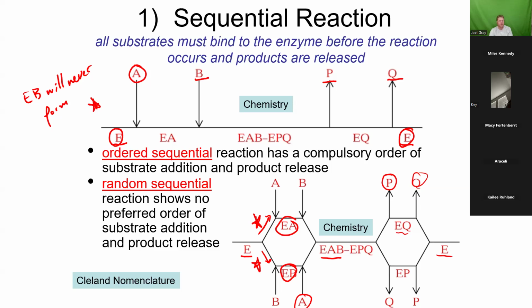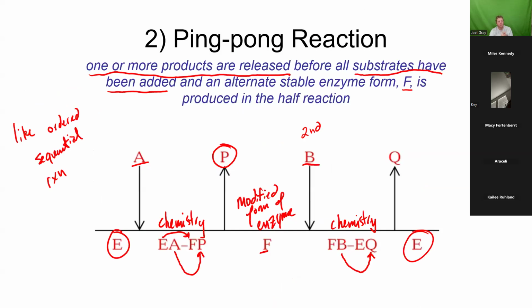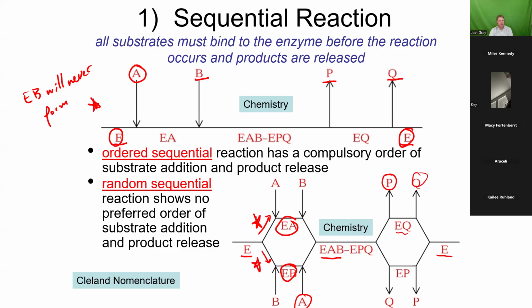Okay. Next up, one thing that distinguishes a sequential reaction from a ping pong reaction is that in the ping pong reaction, there are two steps of chemistry, whereas in a sequential reaction, there's only one, whether it's a random or an ordered sequential reaction.